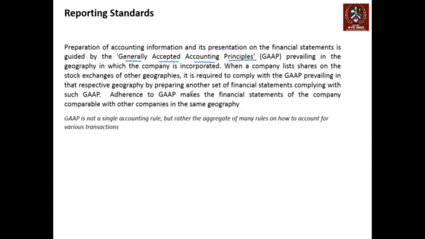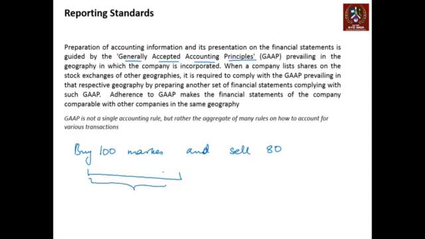A simple example could be, for example, I buy 100 markers and sell 80. Now, which 80 do I account for? If I bought 100 and sold 80, do I take the first 80 or the last 80?